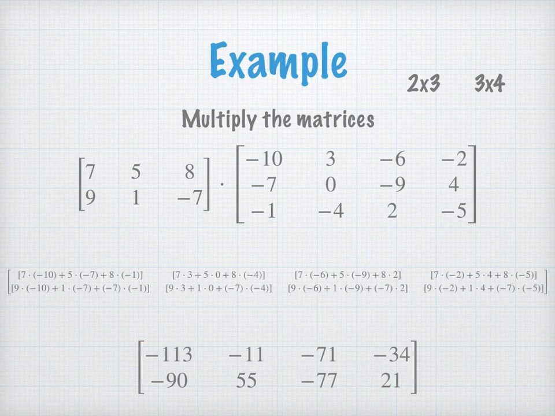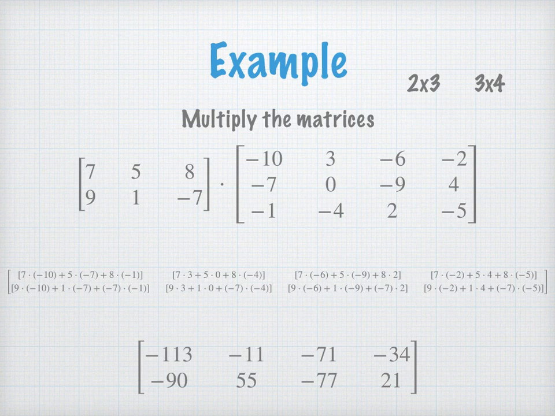So let's continue working in our first row. I'm going to do another one in the first row, then I'll do one in the second row. So let's do my first row, second column. First row, second column means I'm going to use the first row and I'm going to use the second column. So I'm going to use the row 7, 5, 8 and the column 3, 0, negative 4.